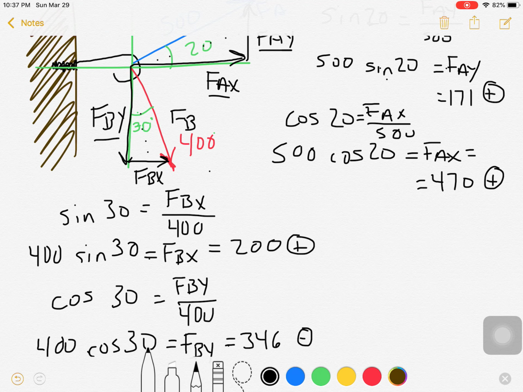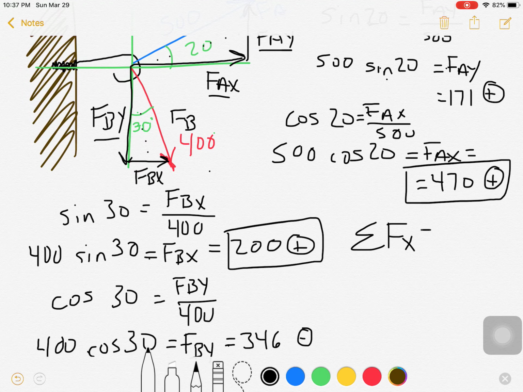What we're going to do is add together, so we'll take the sum of our forces in the x direction, which was 470 and 200, so that's 670, and the sum of our forces in the y direction.